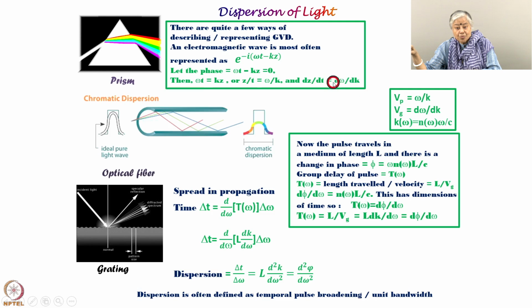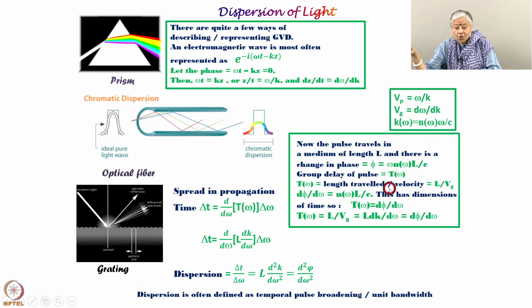Okay. So, the moment it is this, I bring in this because there is a group of velocities, it is no longer one single velocity. In d omega by dk, there are a group of frequencies and there are a group of k vectors. So, group velocity is defined by d omega by dk, and k, as you know, is n of omega times omega by c. Okay.